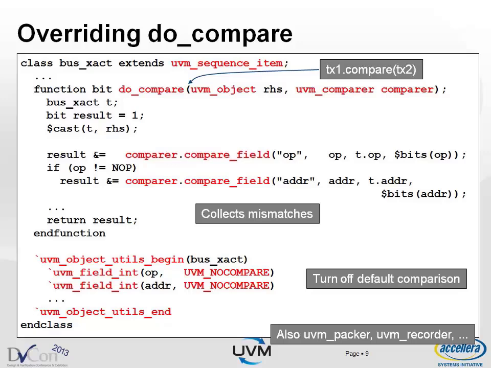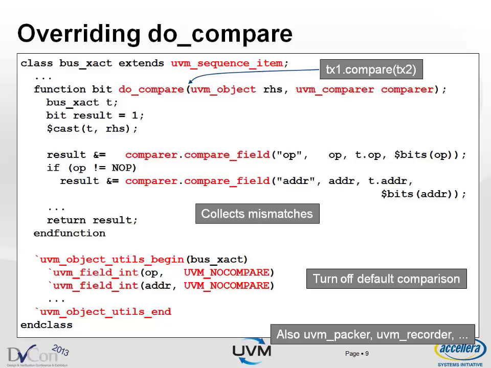Start looking up comparison policies in the documentation, and, well, then come back and tell me what you find. So do_compare you override. It takes a couple of objects. You then call compare_field of the comparer object, and this is doing some work behind the scenes. But as a consequence, you can create your own user-defined behavior for comparisons.